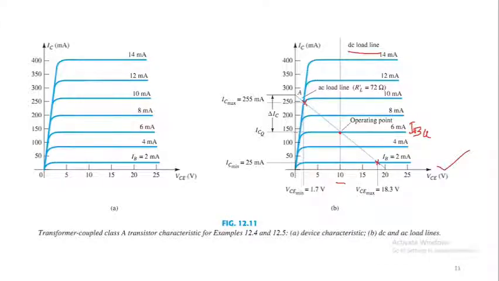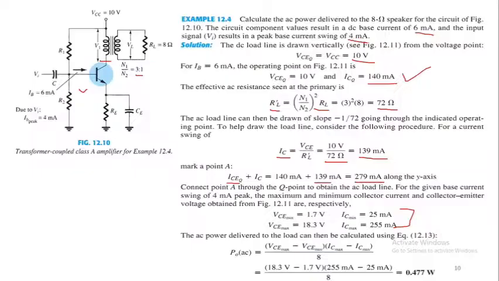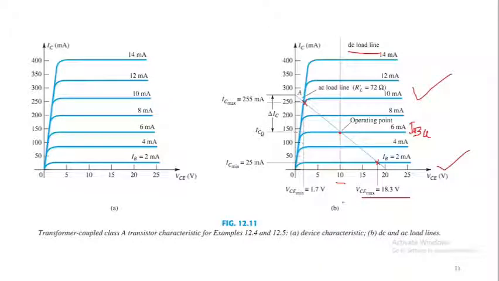इससे आप फाइंड कर सकते हैं IC मैक्स की वैल्यू एंड IC मिन की वैल्यू, और सिमिलरली कोरिस्पोंडिंग VCE min and VCE max you can calculate it through this graphical approach. तो VCE min की वैल्यू आती है 1.7 वोल्ट एंड VCE max है 18.3.